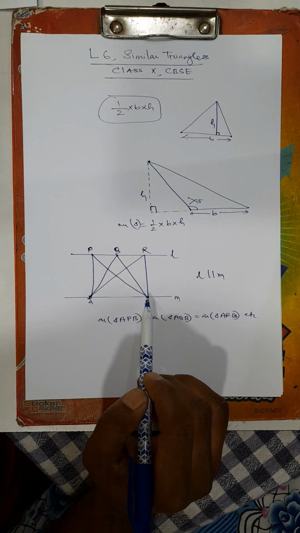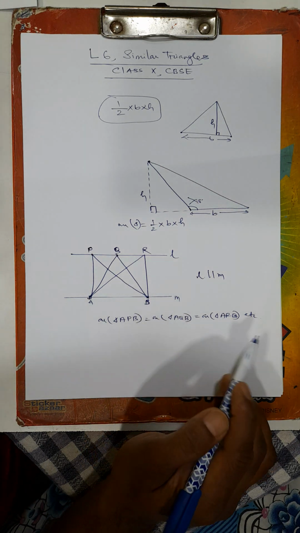Two or more triangles on the same base and in between parallel lines have equal area.